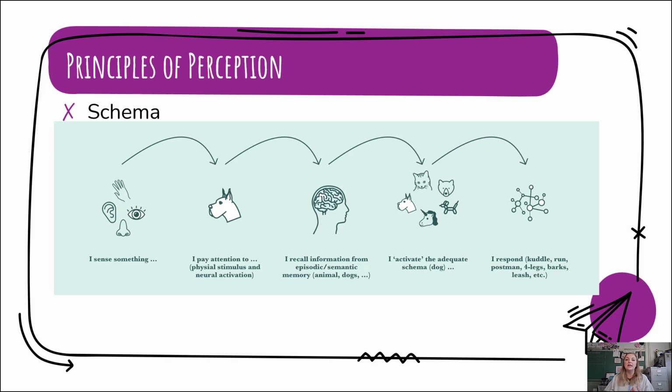Does it have 4 legs? Yes. Does it have a tail? Yes. Does it have fur? Yes. Does it bark? No. This one is meowing. Therefore, I know it's not a dog. I need to put that in a different file folder. So our schema help us make sense of new information coming in.